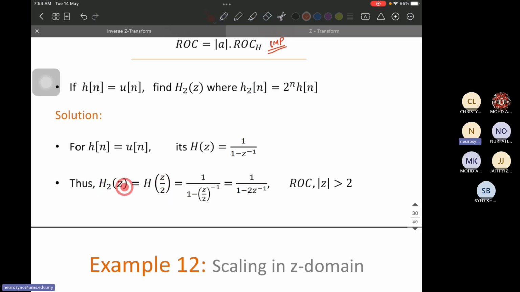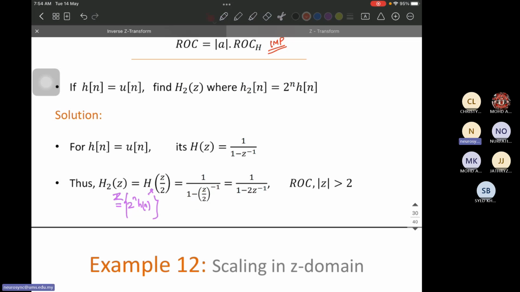Therefore, H2 of z is 2 to the power n h of n. The z transform of 2 to the power n h of n is the scaled z, that is z by 2. So instead of z here we write z by 2.